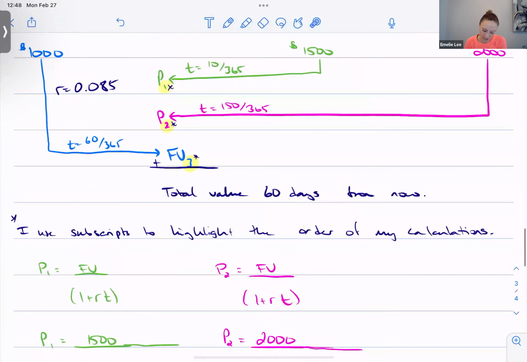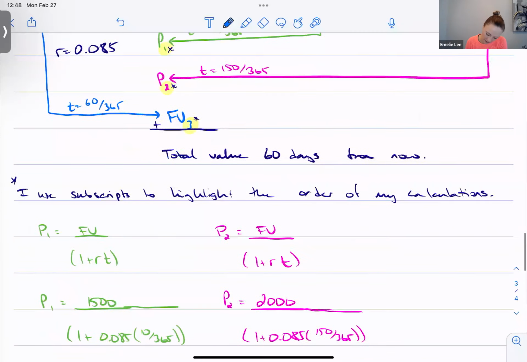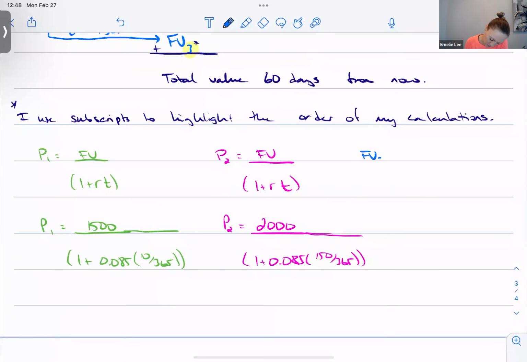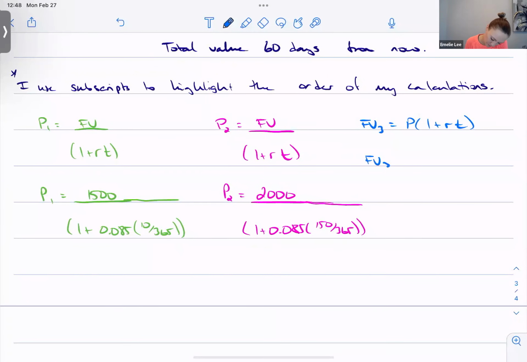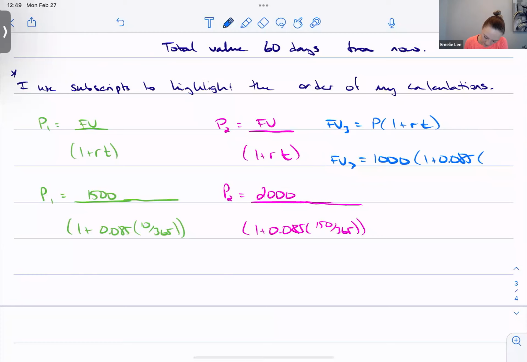The future value had a principal amount, or a present value, of 1,000, and then it was sitting there for 60 days. So future value 3 is P times 1 plus R times T: 1,000 times 1 plus 0.085 times 60 over 365.